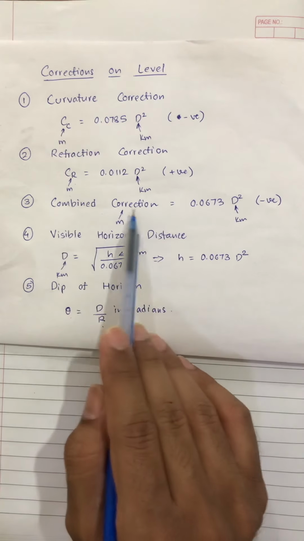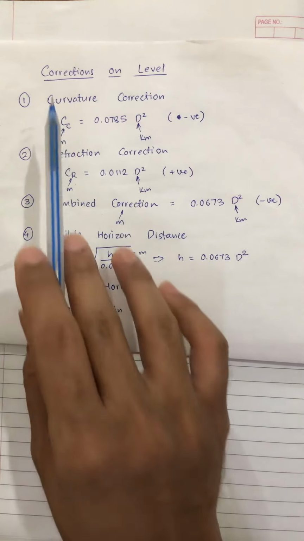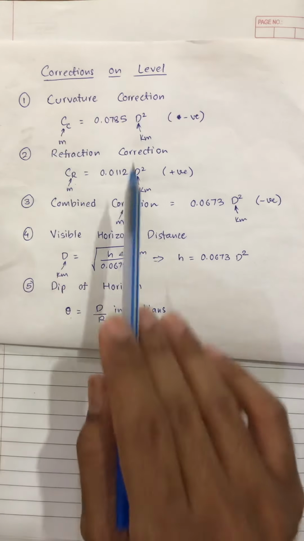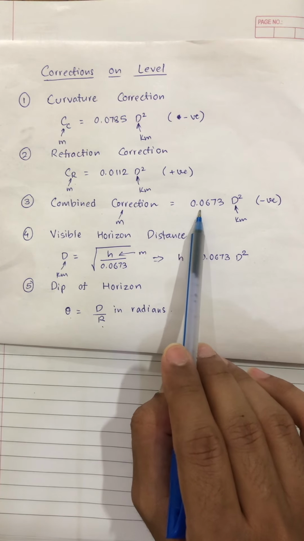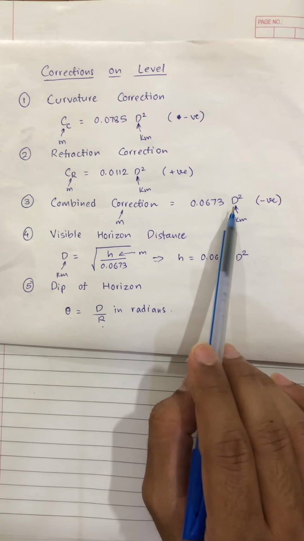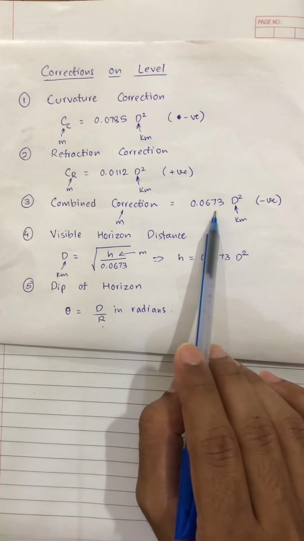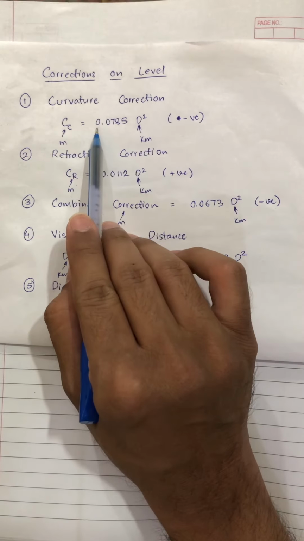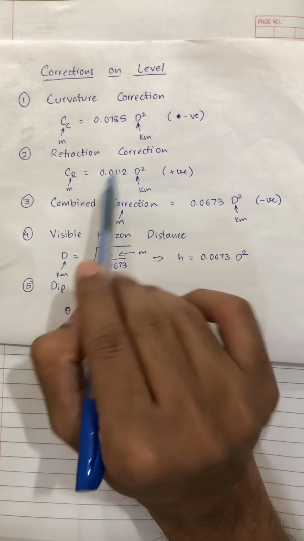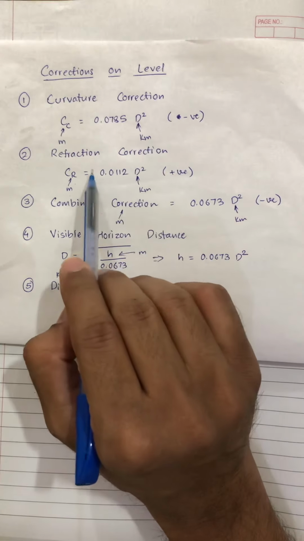Then there is the combined correction for curvature as well as refraction. Now if you add these two, the value comes out to 0.0673 d square. Why has this come out to 0.0673? Because the curvature value is negative and the refraction value is positive.